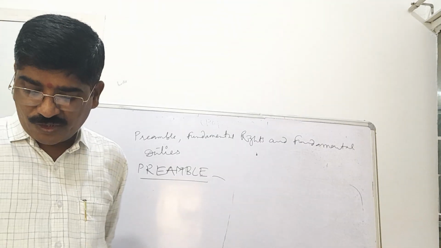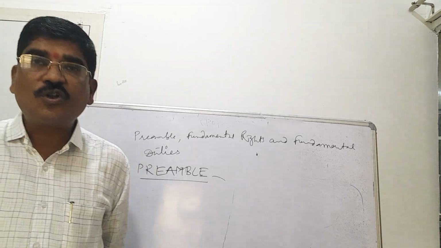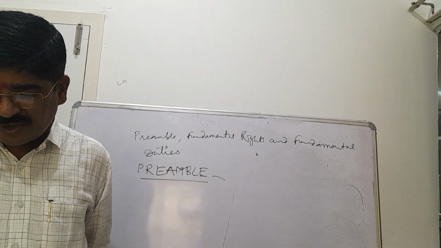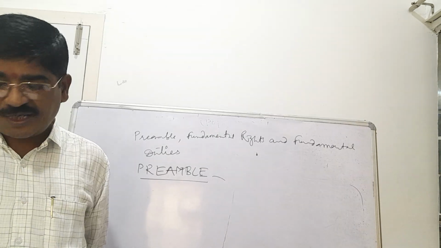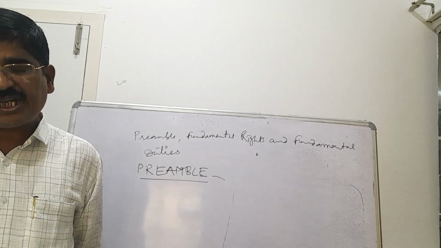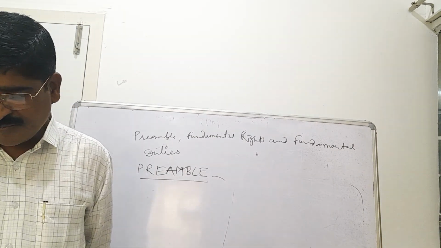The preamble says we the people of India have solemnly resolved to constitute India into a sovereign, socialist, secular, democratic republic, where justice, liberty, equality and fraternity are important.